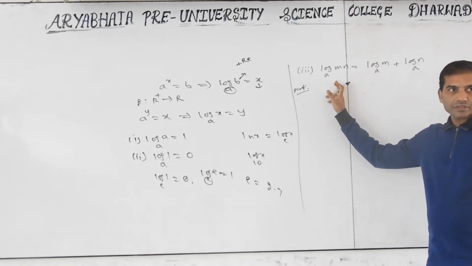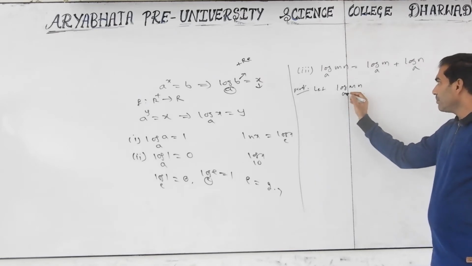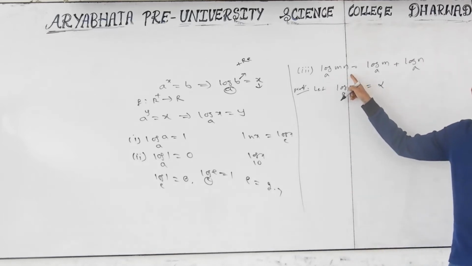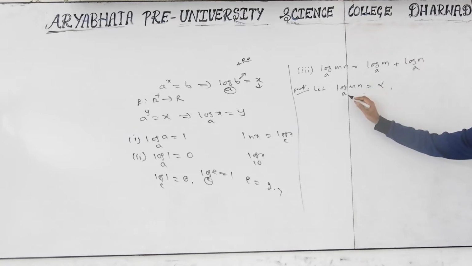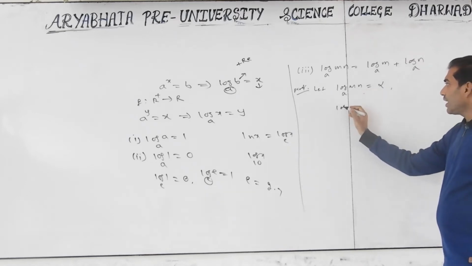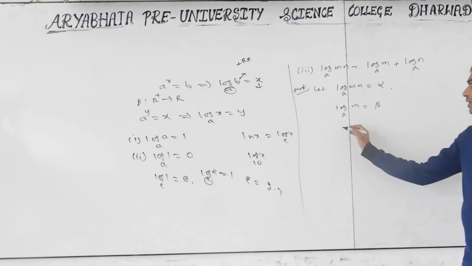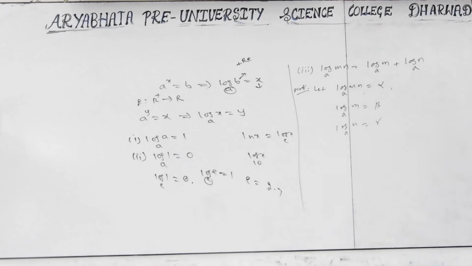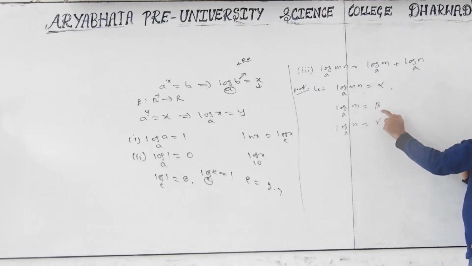Let's discuss this proof. Let logarithm of m into n base a equal to alpha, log of m base a equal to beta, and log of n base a equal to gamma.